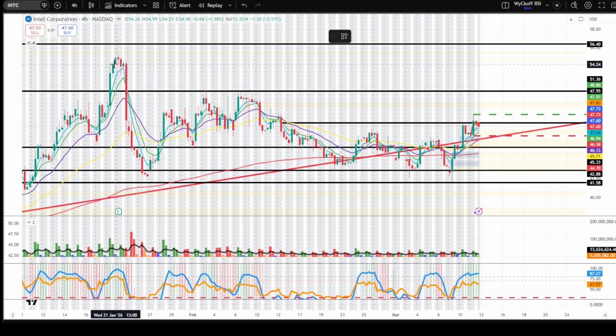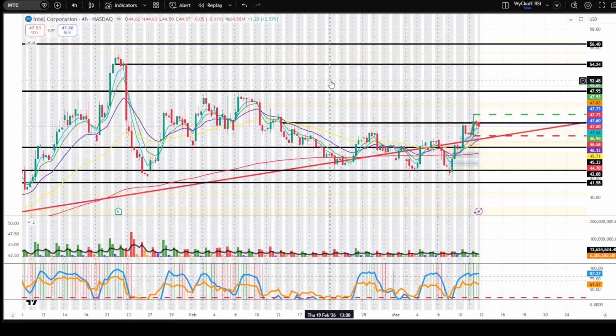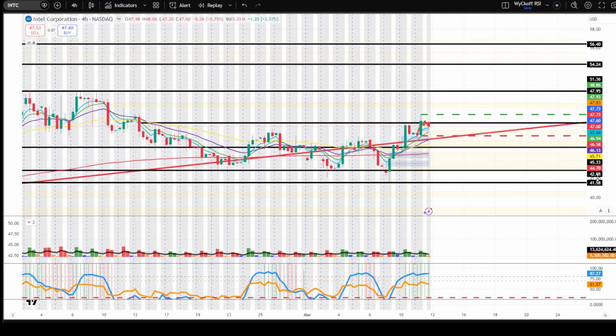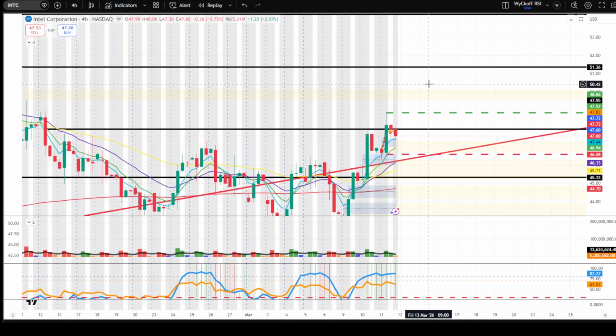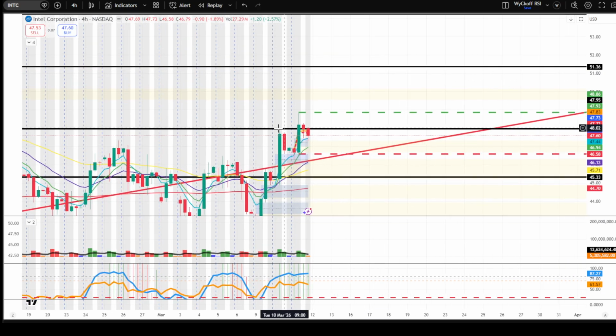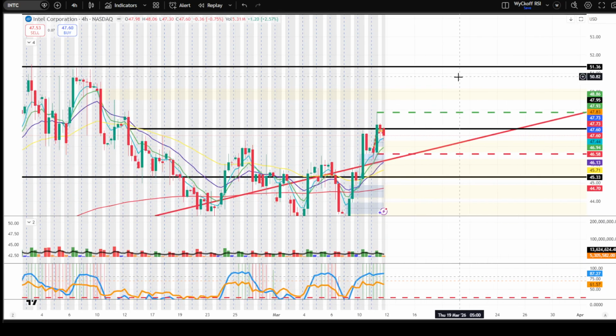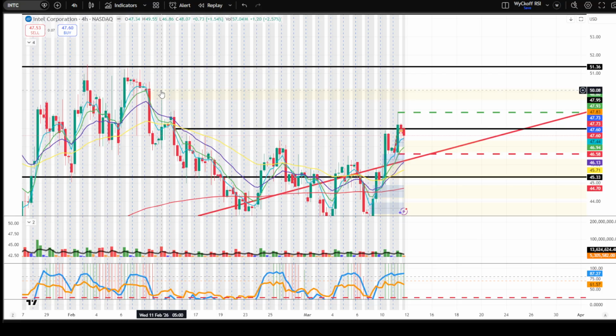So we don't know. The market's actually been doing pretty good. So you might have some momentum to try to bring it back up, at least to try to fill this gap here and retest this level in the 50s. But who knows? I don't know.